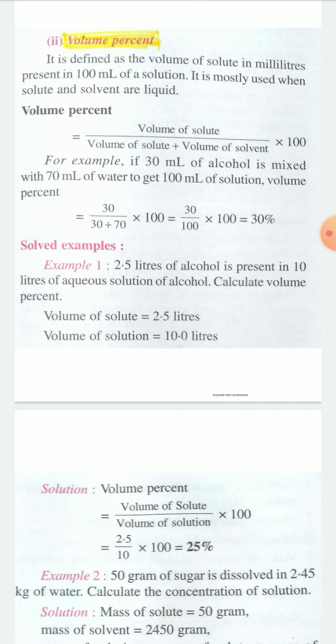So volume percentage is volume of solute divided by volume of solution, that is volume of solute plus volume of solvent, into 100.